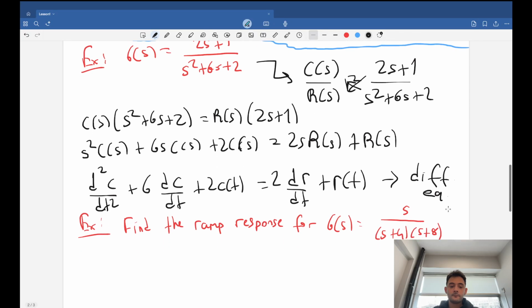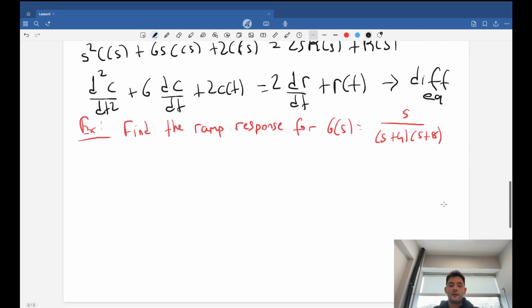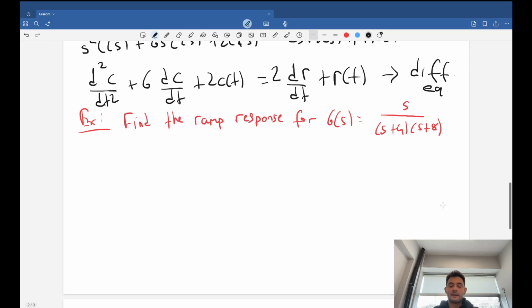Yeah. So we will have the last example here, and it says find the ramp response for G(s) given by this formula. So ramp response in the frequency domain corresponds to 1 over s squared, right?